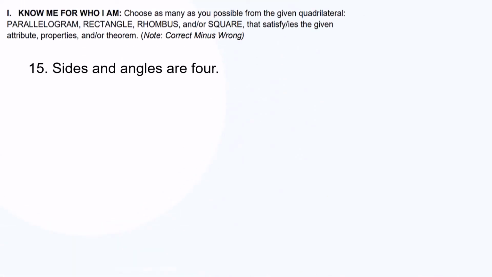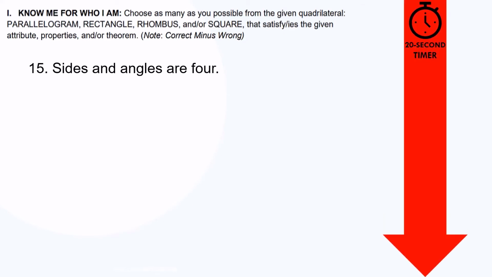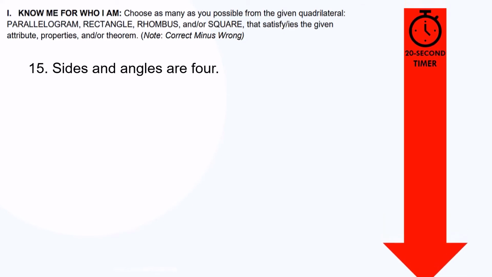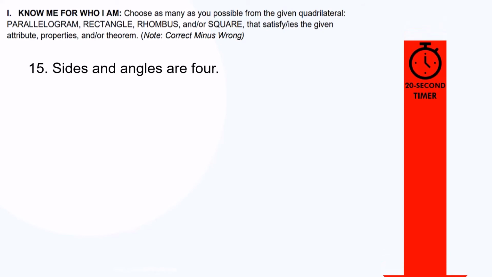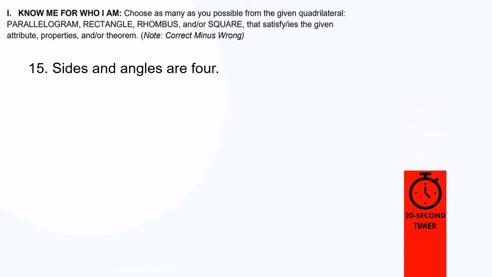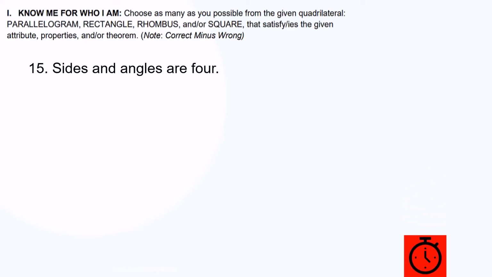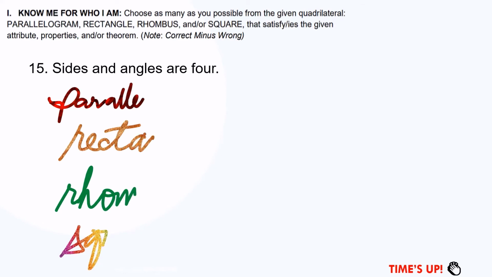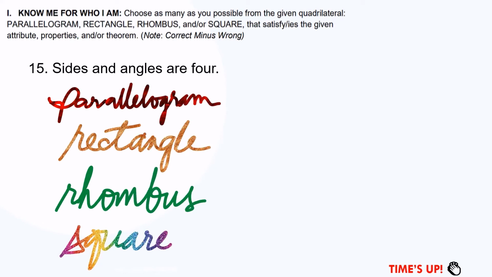Number 15. Sides and angles are 4. Your 20-second timer starts now. Correct answer, parallelogram, rectangle, rhombus, and square.